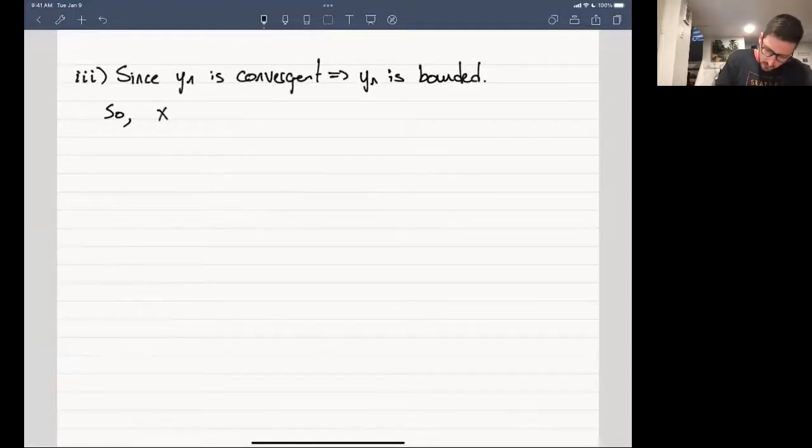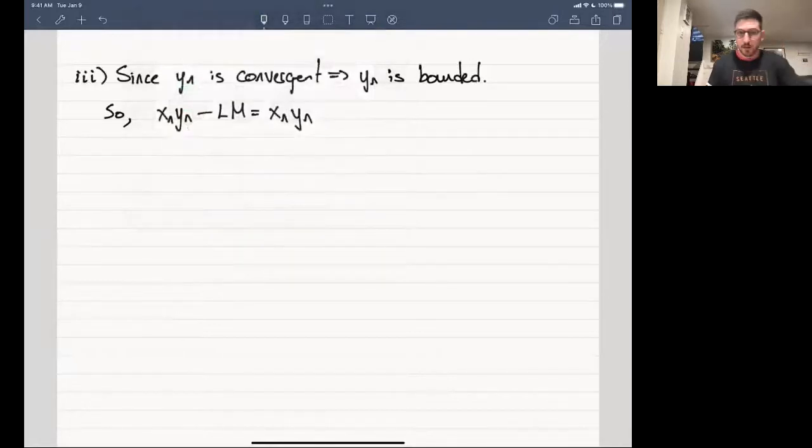So look at how nice this is going to wind up being. If I take xn yn minus L times m, I want to show that this thing is a null sequence based on my first lemma. Here's what we'll do. Maybe I'll color code these so you can see what I'm doing. I'm going to add and subtract the same term. I put it in green just to highlight what I've done.